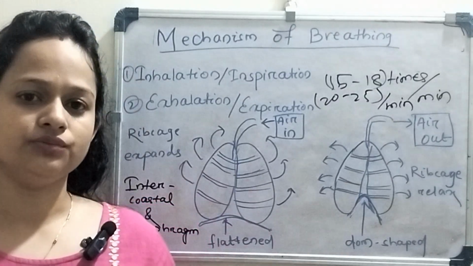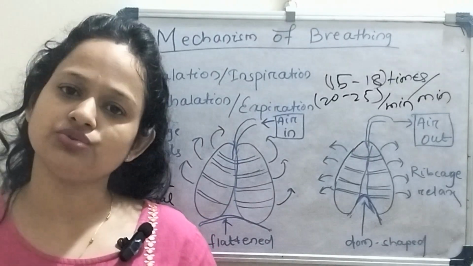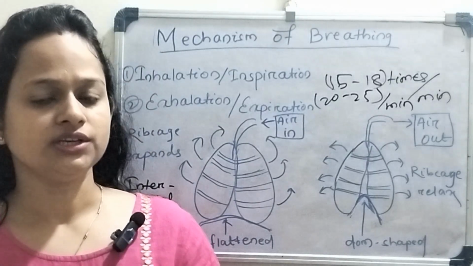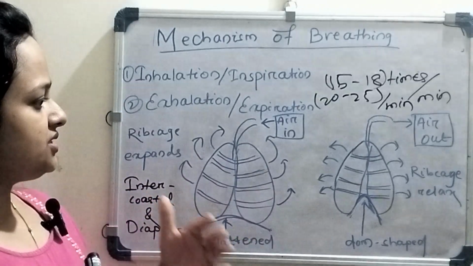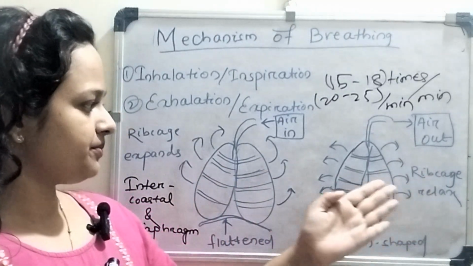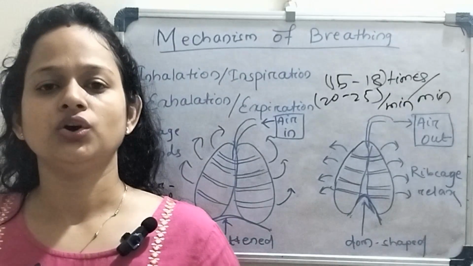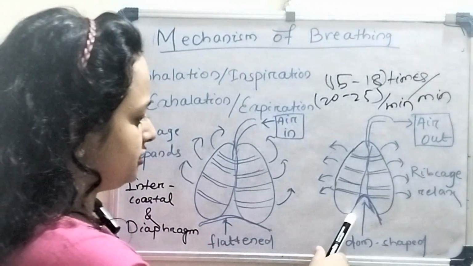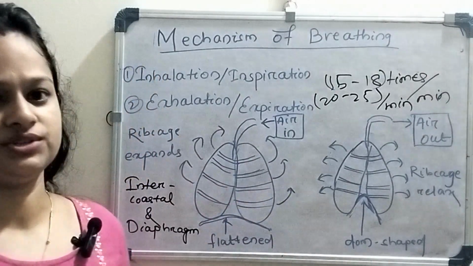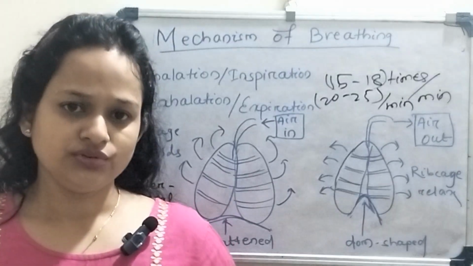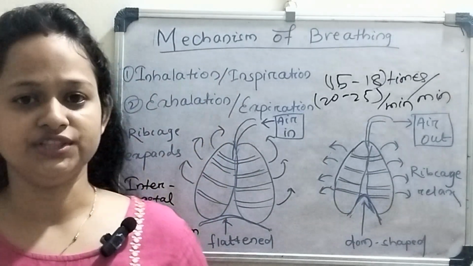So the pressure inside the cavity increases, so the air goes outside. So in the exhalation process, the rib cage, the intercostal muscle and diaphragm come to their original state and the diaphragm becomes dome shaped. So these were the two types of mechanism of breathing.